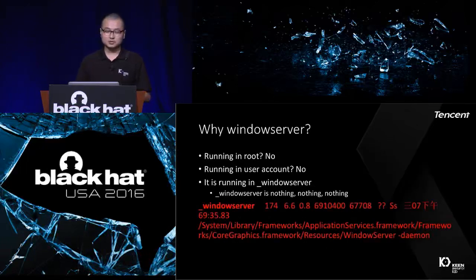And we also need to emphasize why we chose WindowServer. Is it running as root? Of course not. Is it running as a user account? Of course not as well. So what's the account for WindowServer? Actually, it's nobody. You will find that this account has very little permission.